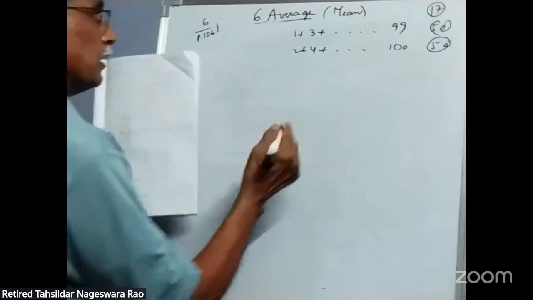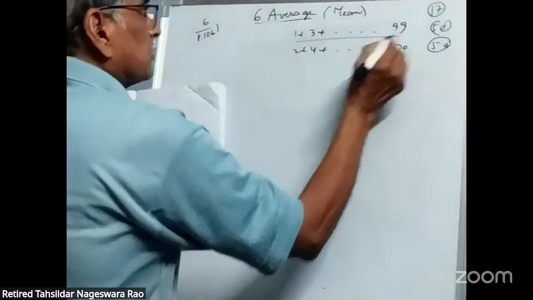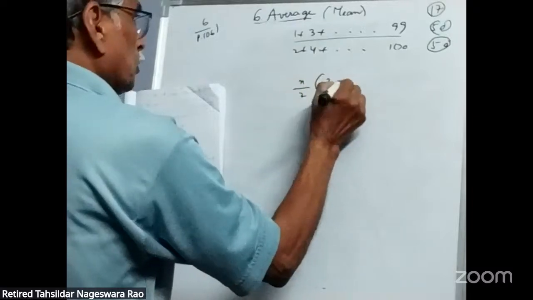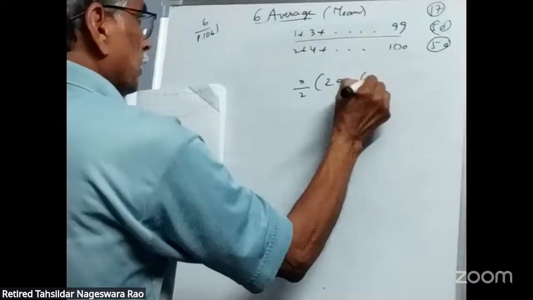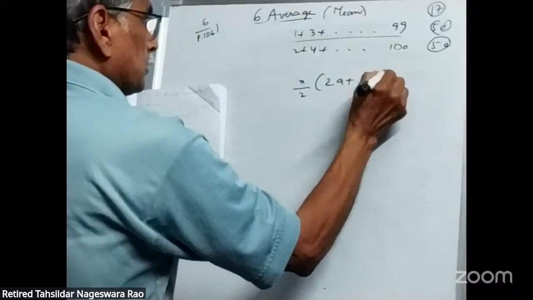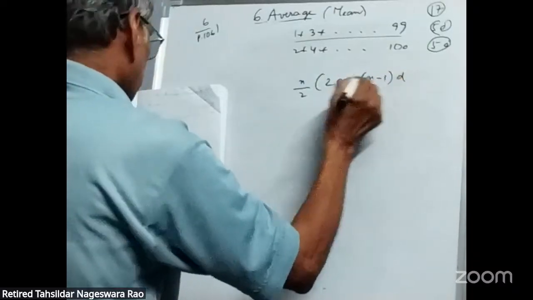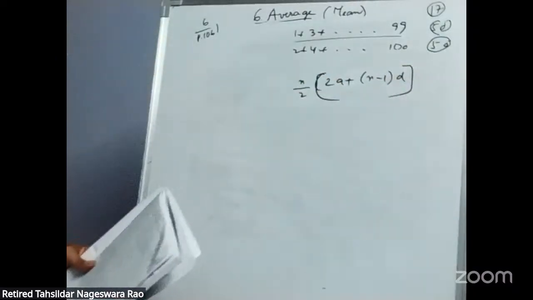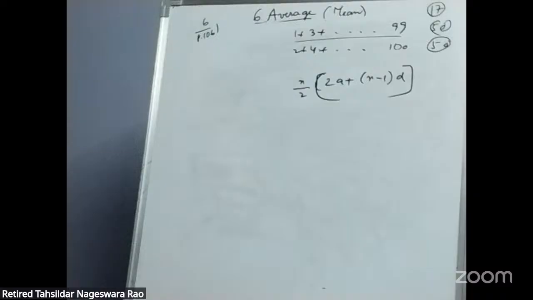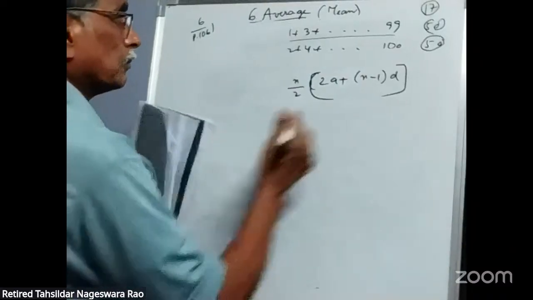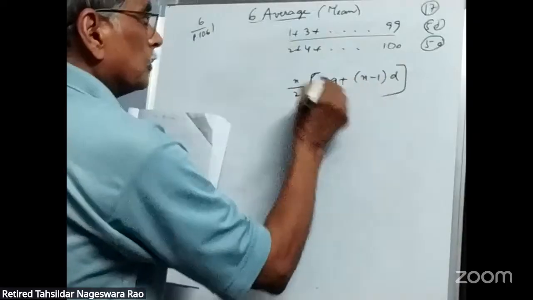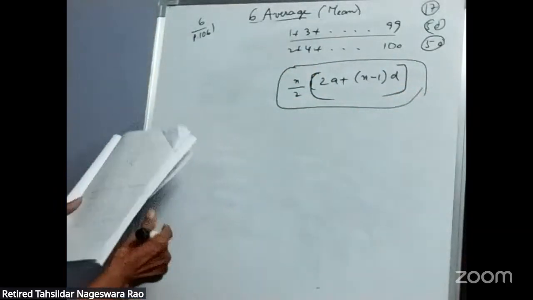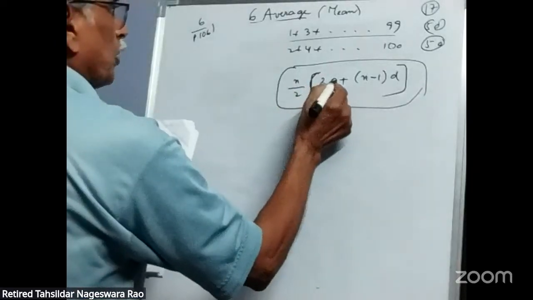There is a formula for arithmetic progression: n by 2 into 2a plus n minus 1 into d. Remember this formula also. N is the number of terms, a is the first term, d is the common difference.